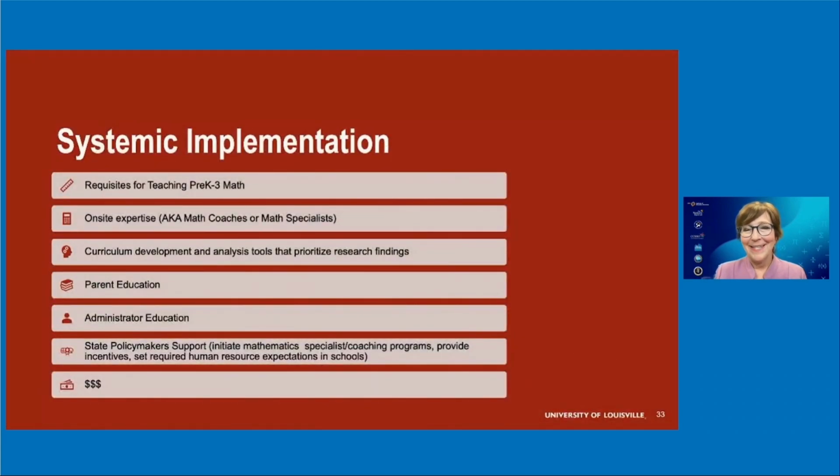Changing basic facts is a change of a cultural practice. So we have to really think across the system to do this. So I just have a short list here, and I could spend another 20 minutes unpacking any one of these. But for sure, we have to think about what is important, what is required to be a kindergarten teacher, what's required to be a first grade teacher, what's the knowledge base?